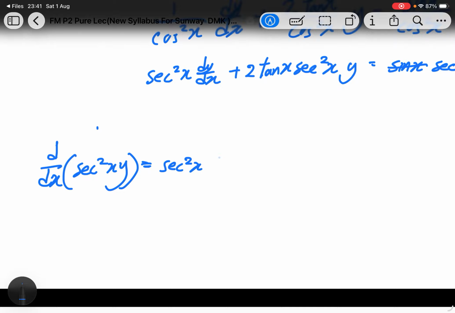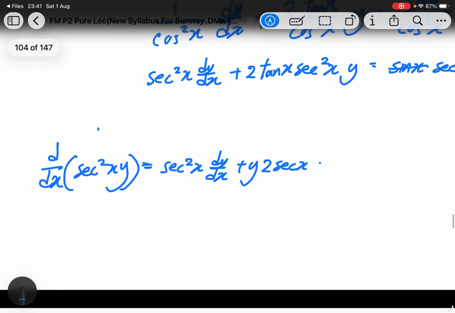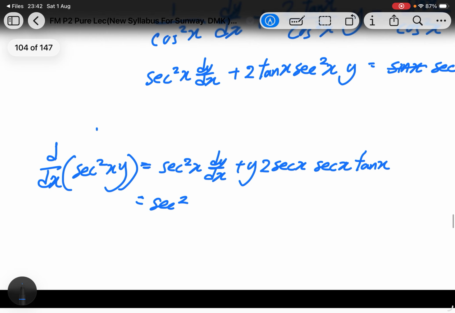I differentiate y first, so dy/dx, and then I differentiate sec squared x, which gives 2 sec x times sec x tan x, so it's sec squared x dy/dx plus 2 sec squared x tan x y.